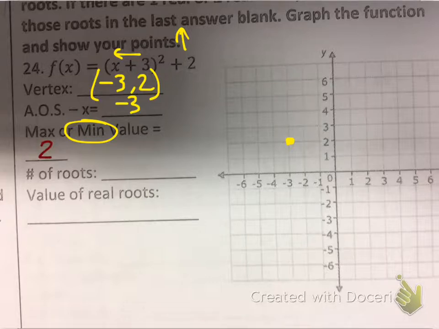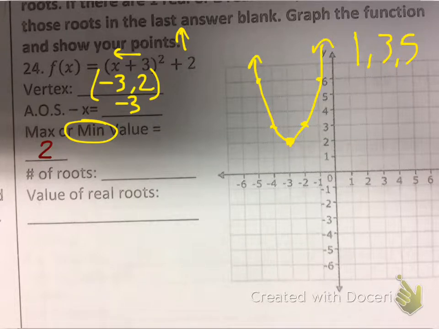Now, if you see the graph of this, and you could actually graph this on the calculator, but by hand we would use the quadratic slope of 1, 3, 5, which would tell me to go up 1 over 1, up 3 over 1, and I don't have room for the 5. You can see here this does not cross the x-axis, so that would be 2 imaginary roots, which means there are no real values to find or anything like that.